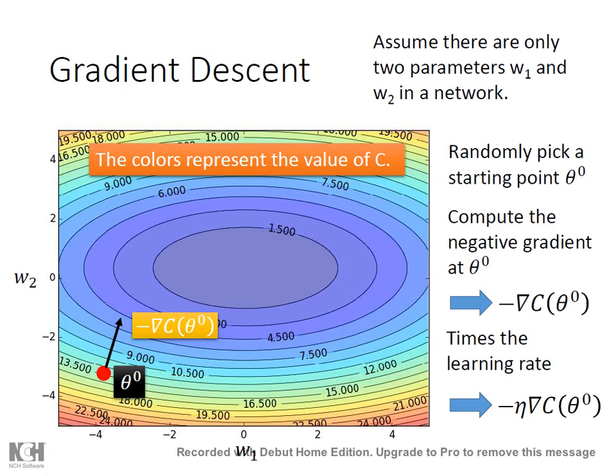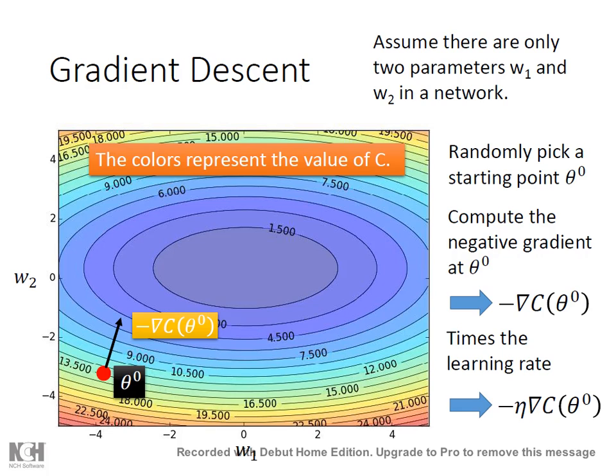So the process is: we randomly pick the starting point, theta 0. It's a random initialization. Then we compute its negative gradient at this point. We find this direction here. This symbol means the gradient, and the gradient is actually the first derivative at this point.